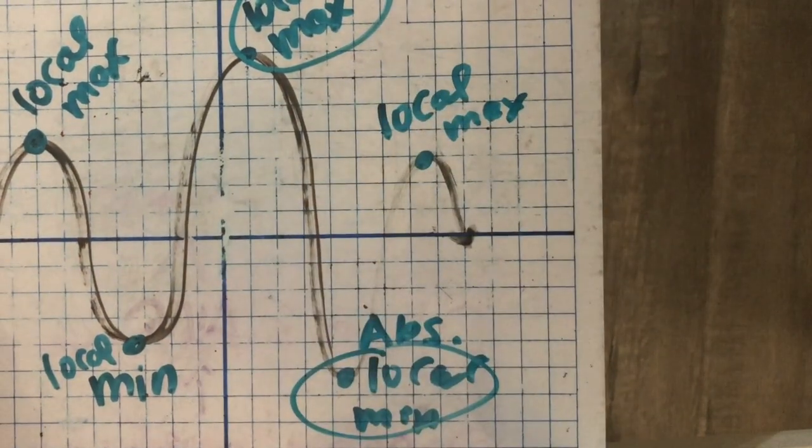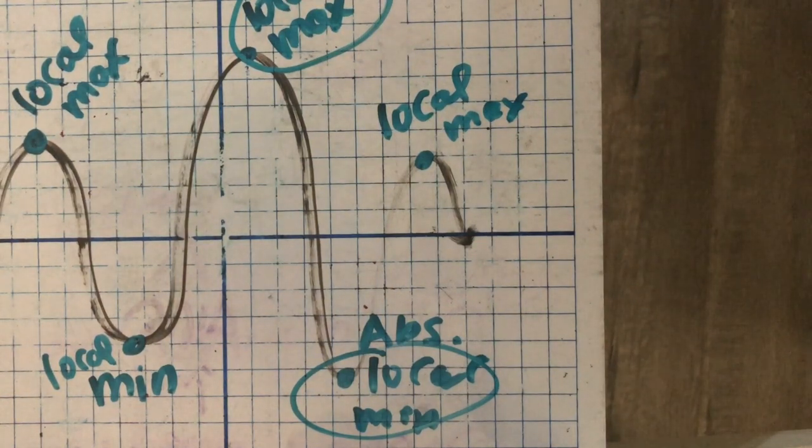Okay, so we can have more than one local maximum and more than one local minimum, which as a group we would call local extrema. And then we only have one absolute max and one absolute min, right? Like that word absolute, there's absolutely one of them. There has to be one highest one and one lowest one.